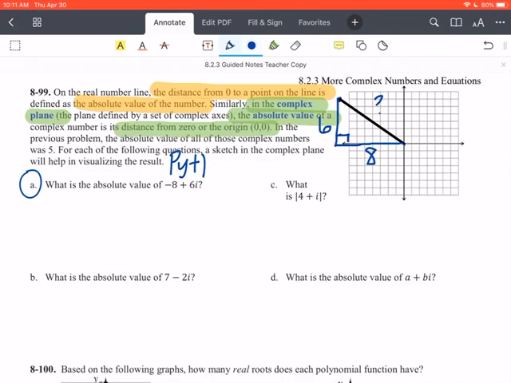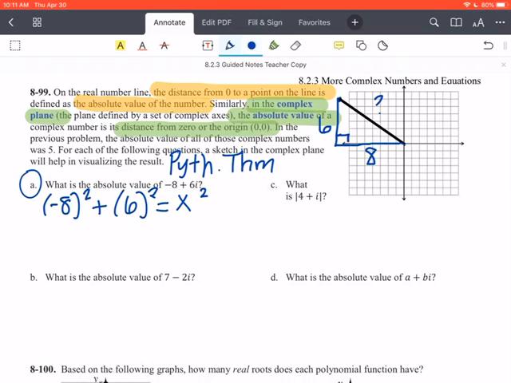So to find the absolute value of a complex number, you have to use Pythagorean theorem by taking the real component and squaring it, and then adding it to the imaginary component and squaring it, and that will give us the absolute value, which I'm going to just call x squared.